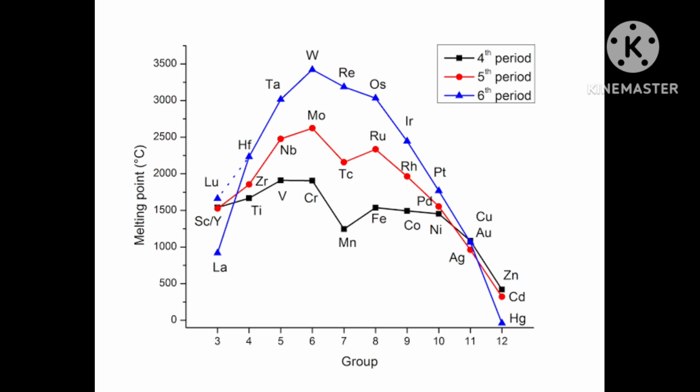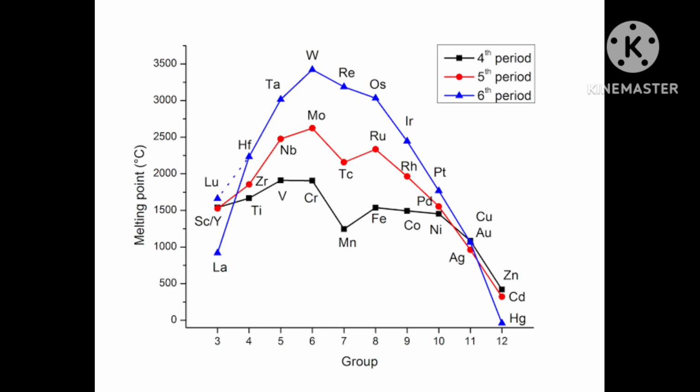That's why for the third more energy is required. It means ionization enthalpy will be more for the third, less for the second and very less for the first one. This is generally the reason, the cause.